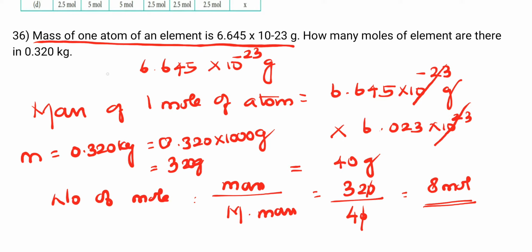So the given mass is 6.645 into 10 to the power of minus 23 gram. The mass of 1 mole of an atom is the mass of 1 atom into Avogadro number. The next mass given is 0.320 kilogram. When we multiply by 1000, we get 320 grams. That 320 gram is the mass, divided by the molar mass, 320 by 40 is equal to 8 moles.